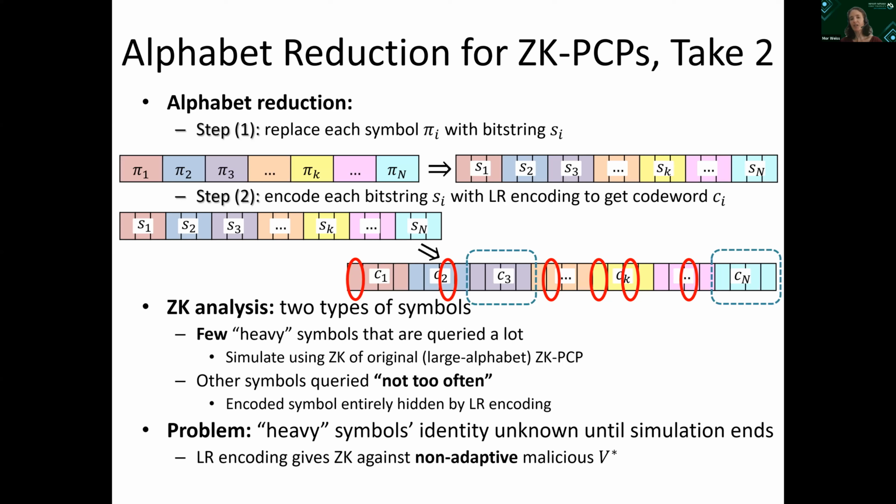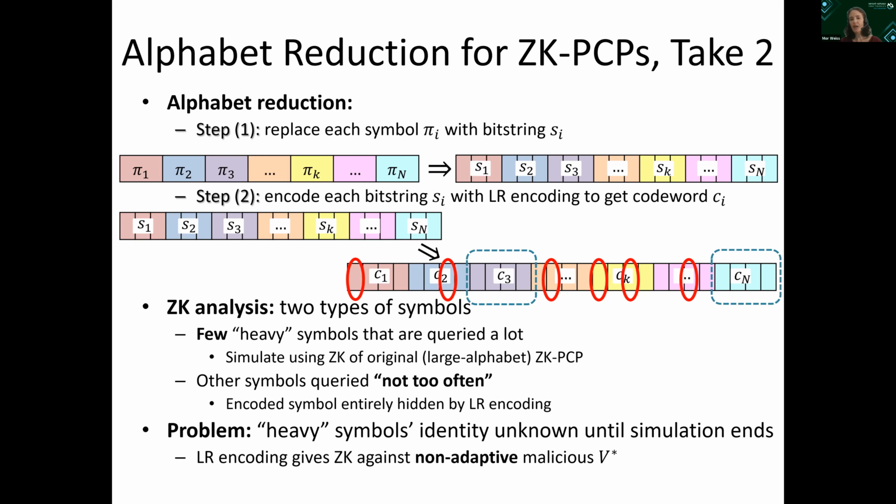But getting zero knowledge against a non-adaptive malicious verifier is a restriction of the system, because it means that if the verifier can make 2 rounds of queries to the proof, all bets are off. We have no zero knowledge guarantee. So what we want is soundness with a non-adaptive honest verifier, but zero knowledge against an adaptive malicious verifier.